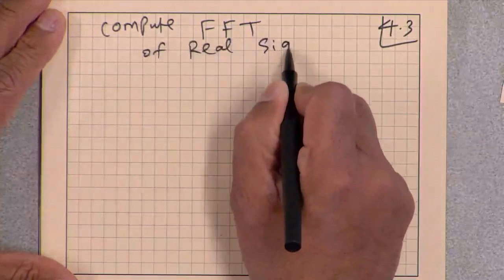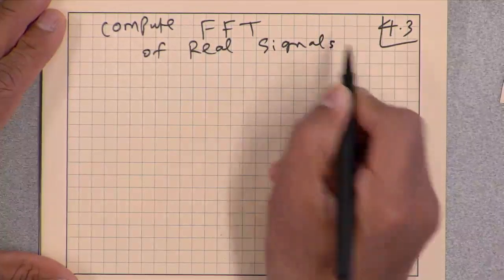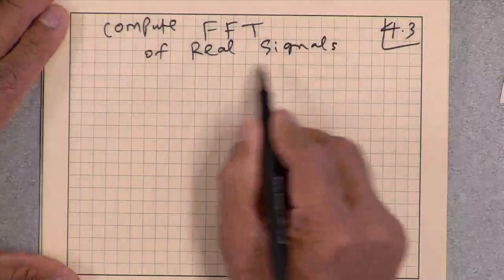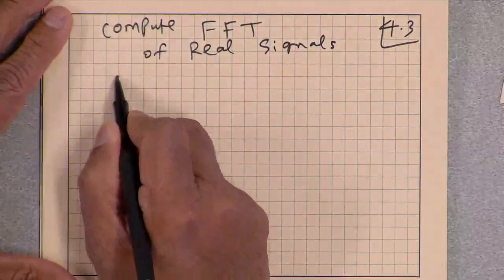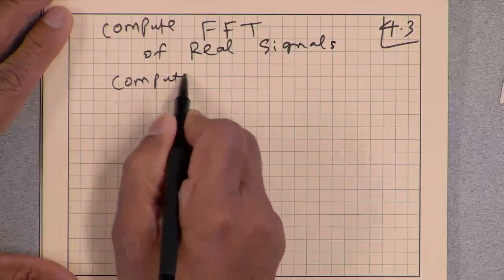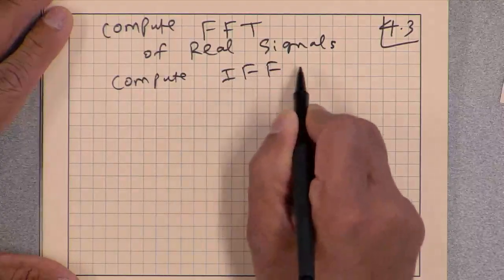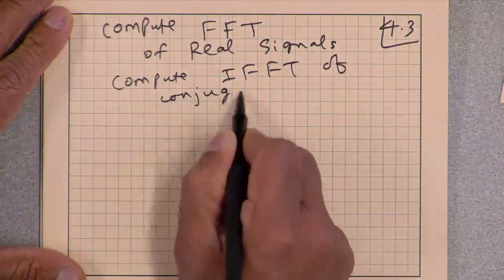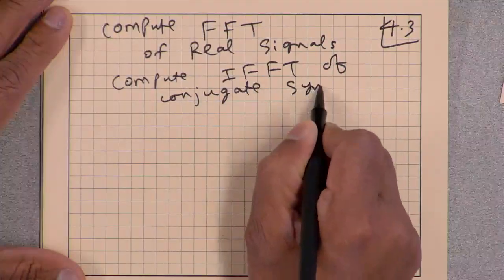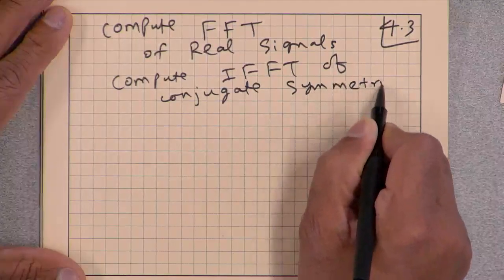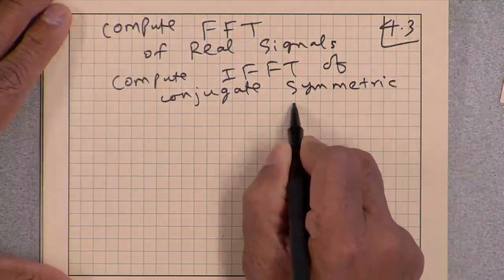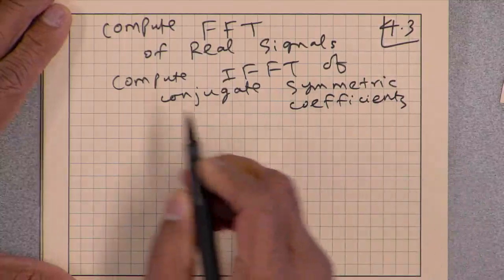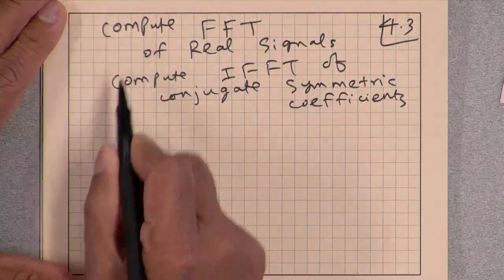A lot of the signals, well, I guess the dual problem is computing the FFT of real signals and computing the IFFT of conjugate symmetric coefficients. So these are dual problems, right?